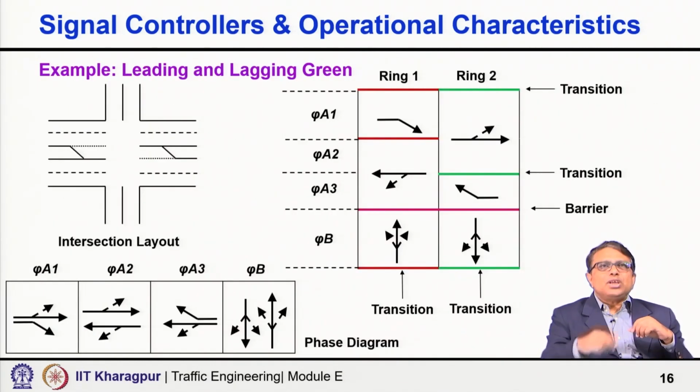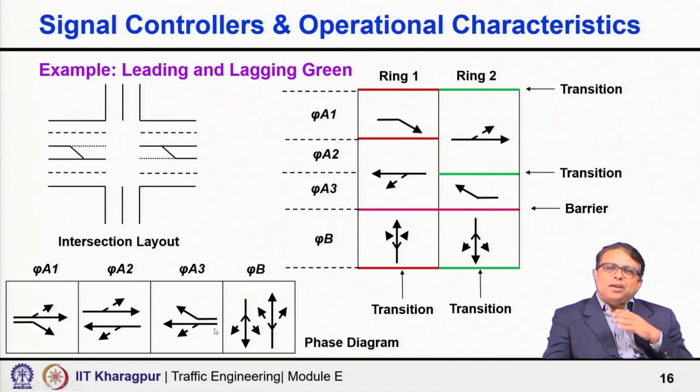Now, I have given another example, where let us say we are operating this intersection with 4 phases. As shown here, you can understand a protected right turn, then straight and left in phase 2. You can follow the arrowheads and understand.